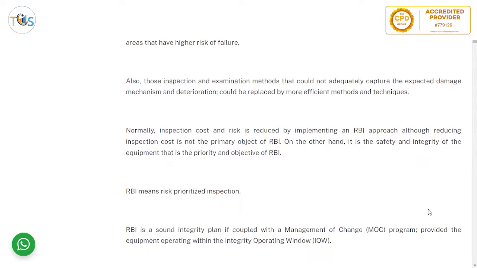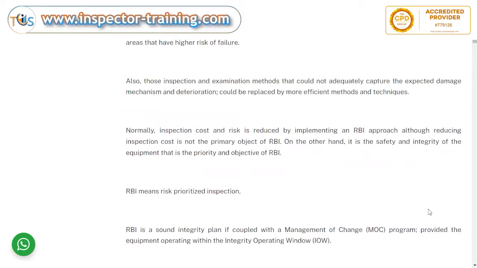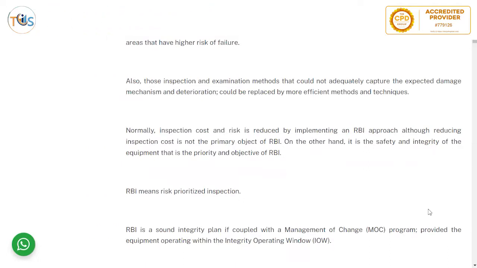Normally, inspection cost and risk are reduced by implementing an RBI approach, although reducing inspection cost is not the primary objective of RBI. On the other hand, it is the safety and integrity of the equipment that is the priority and objective of RBI. So this might be a potential exam question. What is the primary objective of RBI? It is the integrity and safety of the equipment.